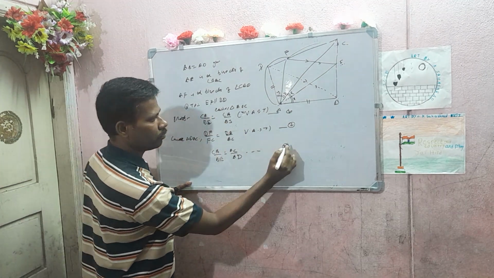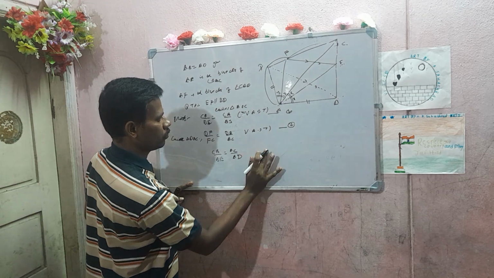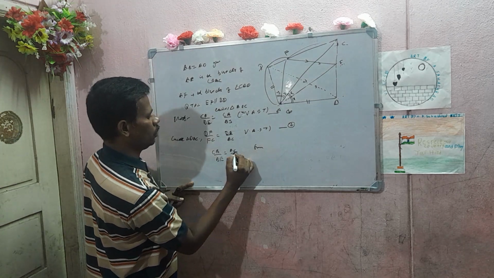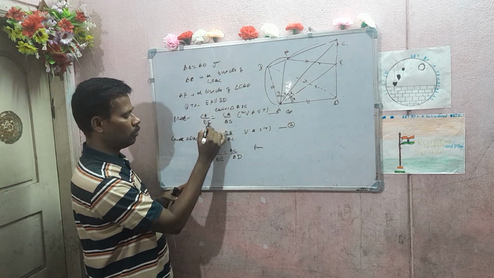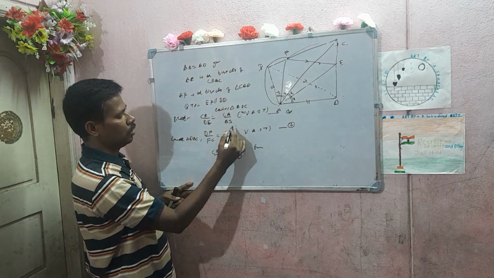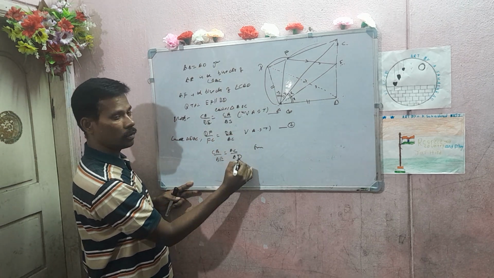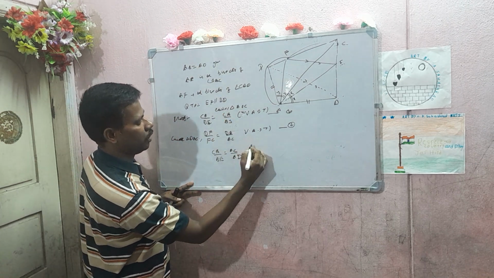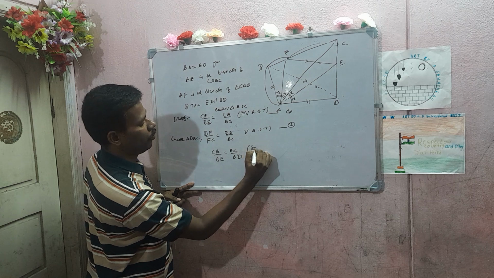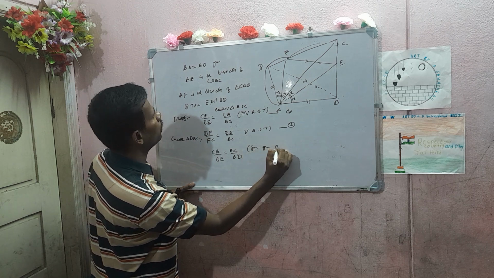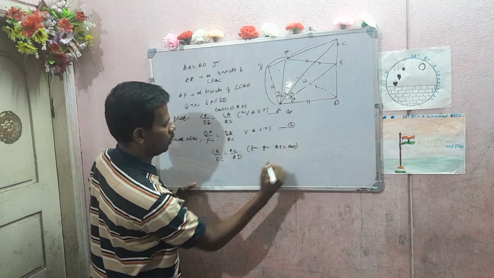CE by BE is equal to AC as it is. In place of AB, you can write AD, from given AB is equal to AD.